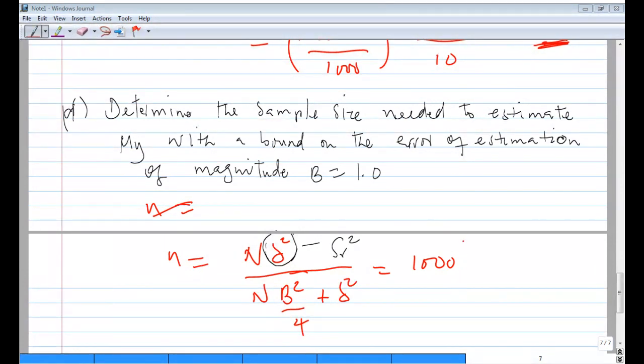So that means it's 1000 times, what is the estimated one? 4.244. Then you divide by 1000 multiplied by the bound, which is 1 squared over 4, isn't it?